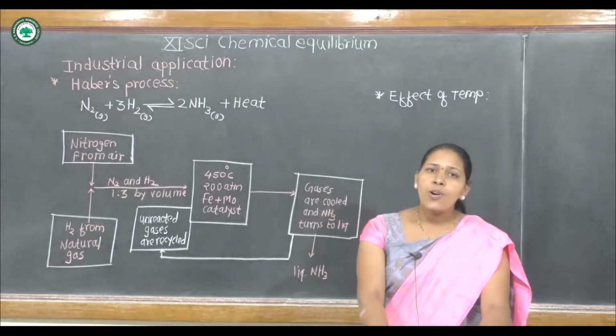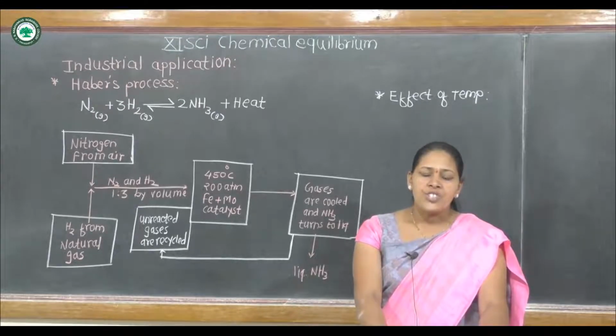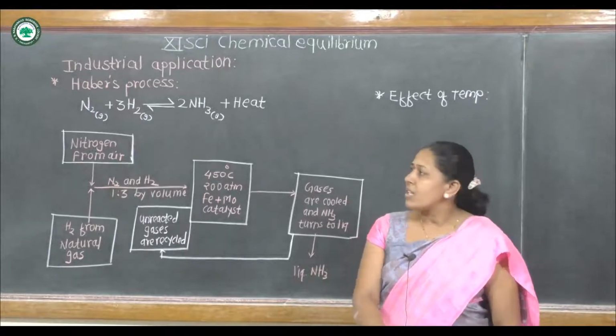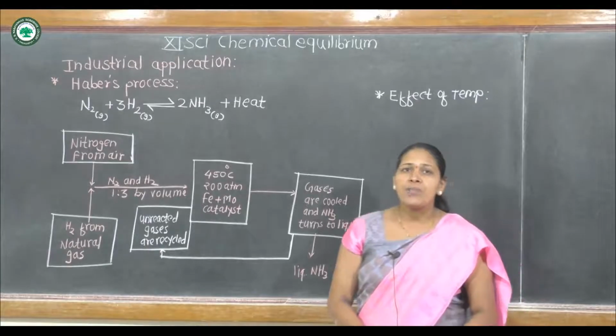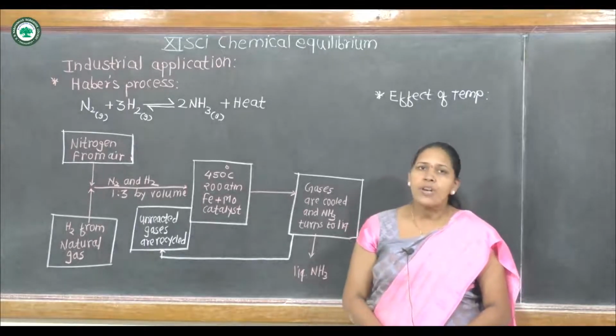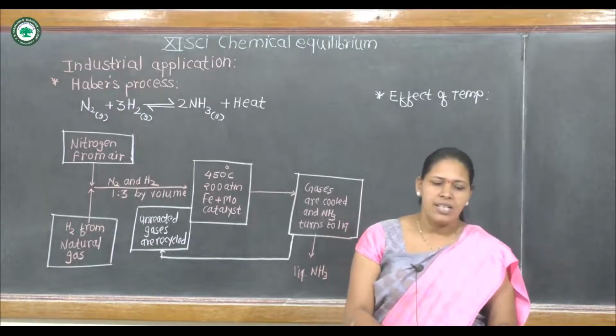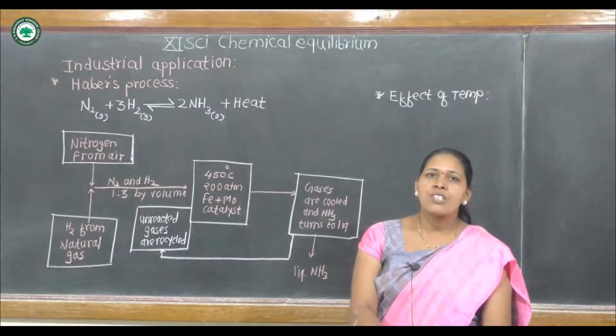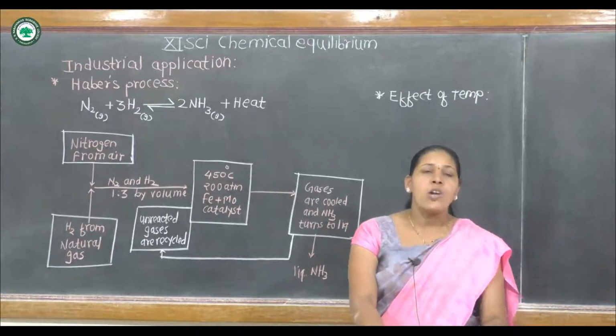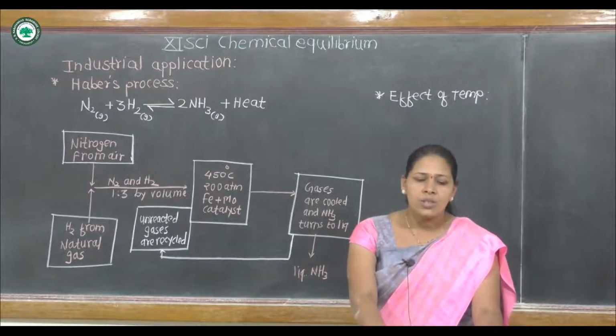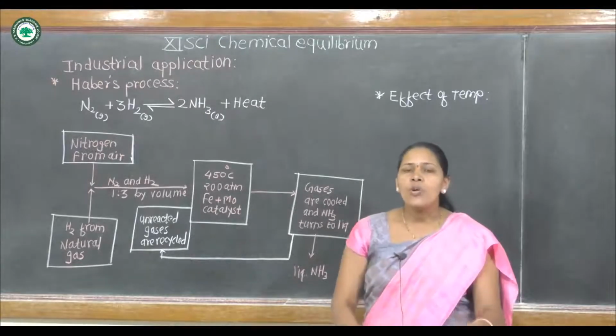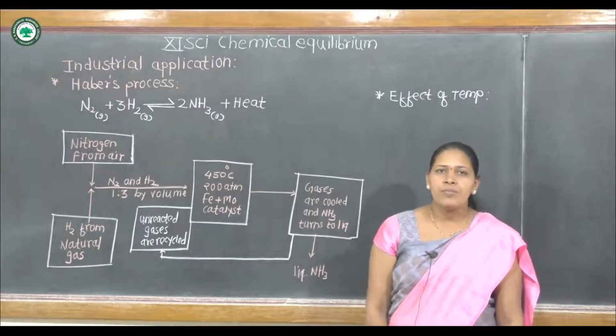Hence, lowering of temperature shifts equilibrium from left to right, but at low temperature the rate of reaction is very slow. A longer time would be required to form ammonia and to attain equilibrium.